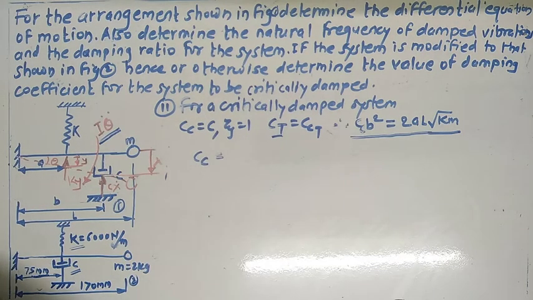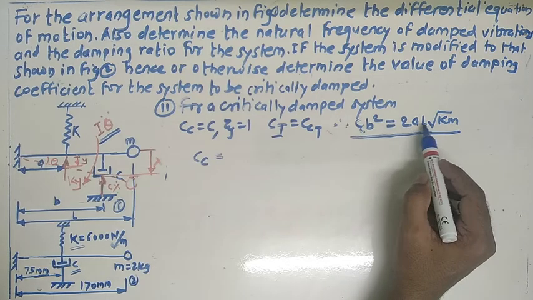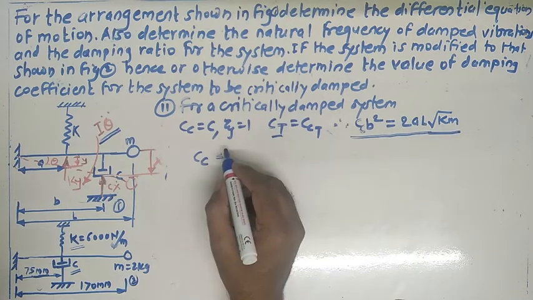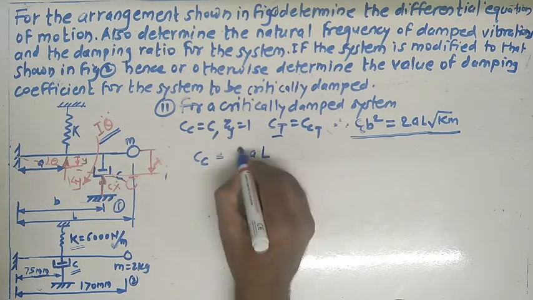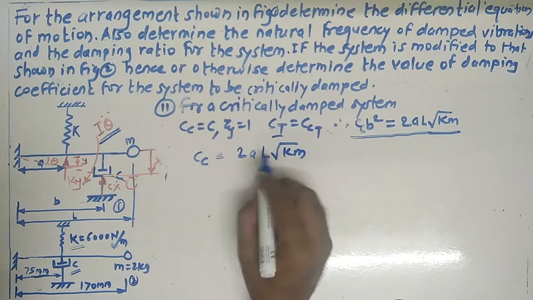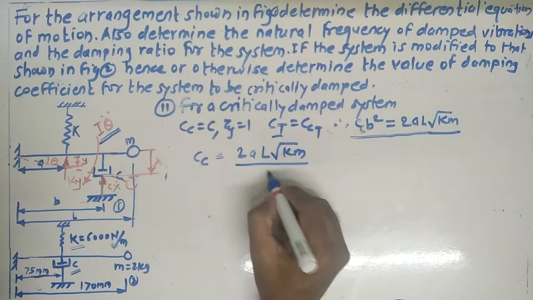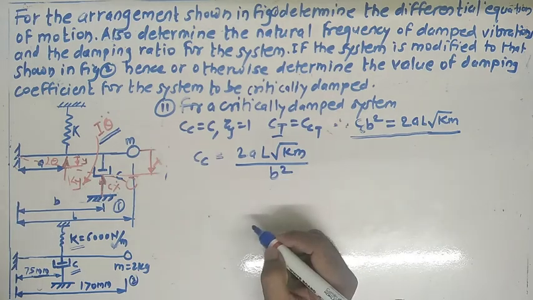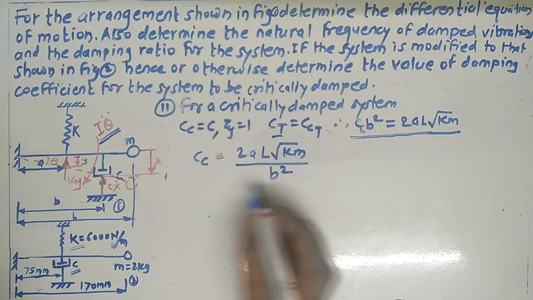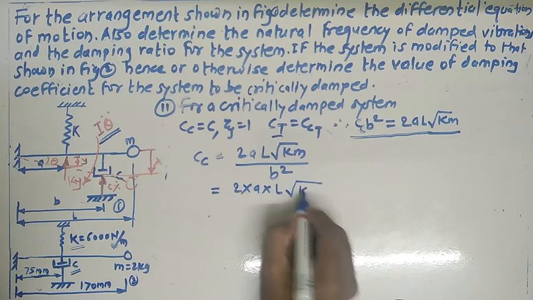Now see this step: cb square equals 2a into l into square root of k into m. So cc is nothing but 2 into a into l into square root of k into m, and the b square term goes in the denominator. Now see the different values. What about this b?